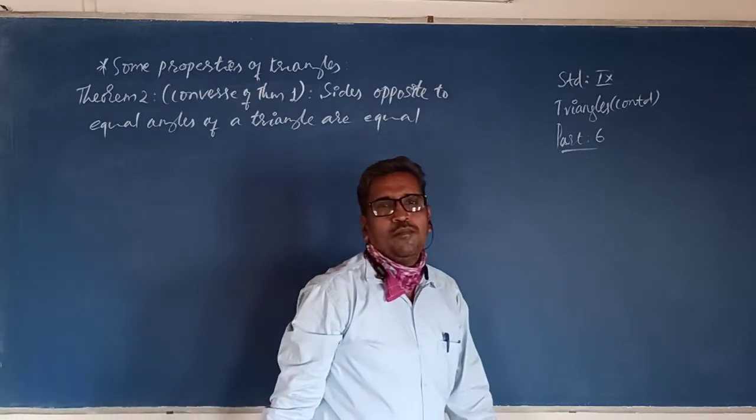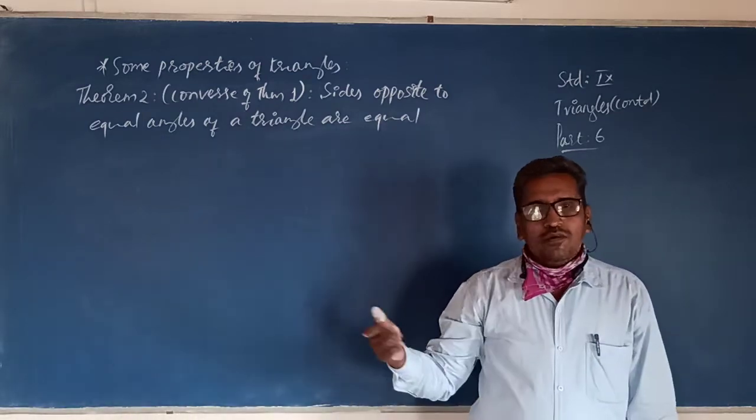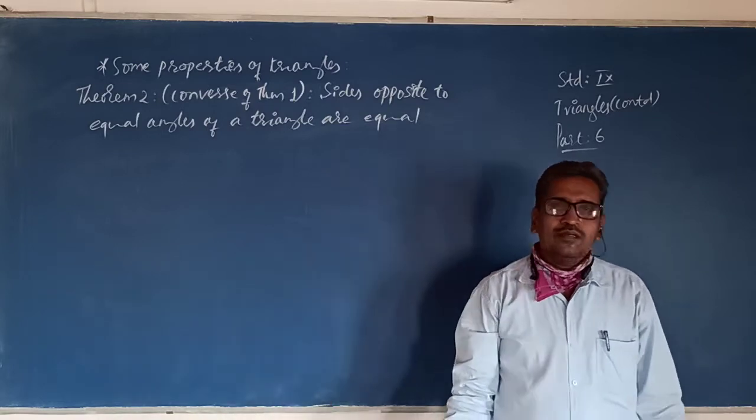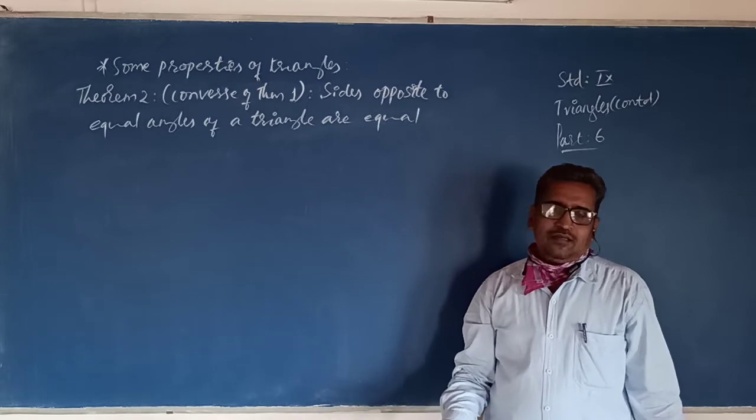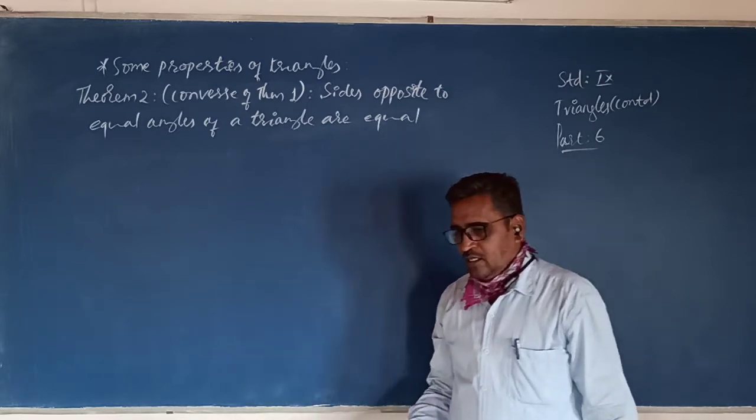First theorem I proved: angles opposite to equal sides of an isosceles triangle are equal. Here sides opposite to equal angles of any triangle are always equal. That you have to prove.